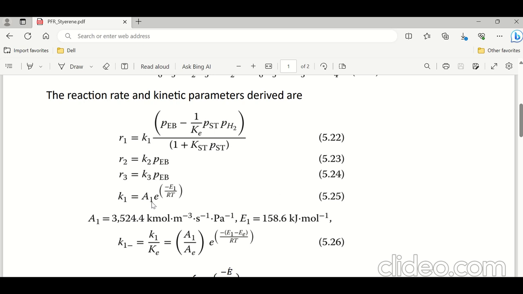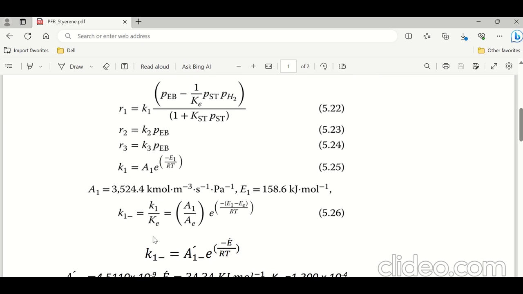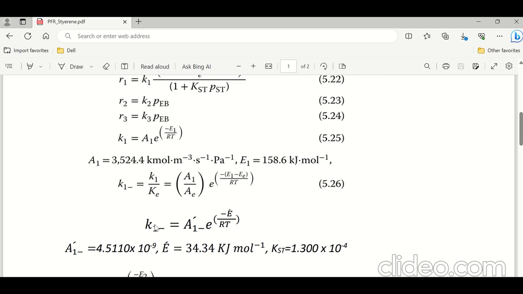Just replace A1 with AE and E1 with EE, and we have this expression for calculation of K1 dash, which is the ratio of K1 to KE. So this is the final equation.